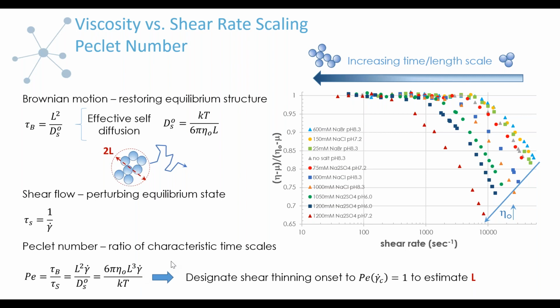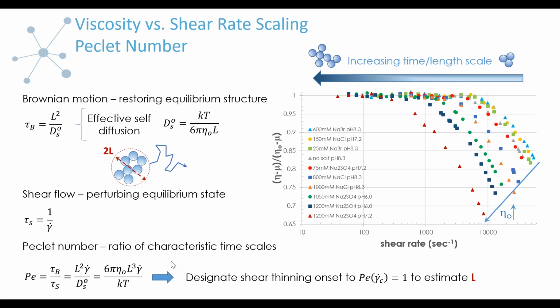Somewhere around the point where Peclet number equals 1, these contributions are going to start becoming competitive. Below Peclet number equal to 1, so small Peclet numbers, Brownian motion is dominating. It's able to restore the structure. Peclet number well beyond 1, now the external shear flow is going to dominate, and Brownian motion can't really make a comeback.